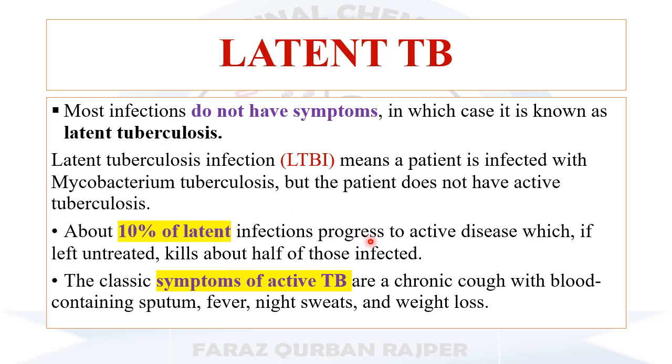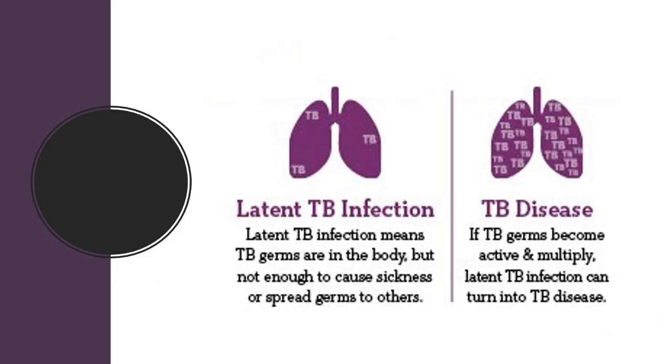On the other hand, latent TB does not have any of these symptoms. So this is the latent TB infection, and this is the active TB infection. In this diagram you may observe that the microorganism, Mycobacterium tuberculosis, has infected the organ, but the patient does not have any symptoms.